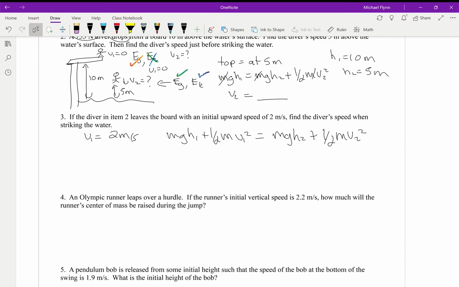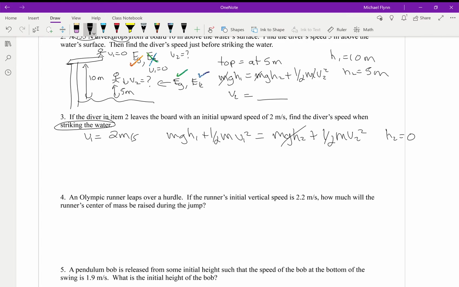This is really the general equation that you can use every time. This time though, H2 is 0 because they strike the water, and V1 is not 0 this time. V1 is 2 meters per second.